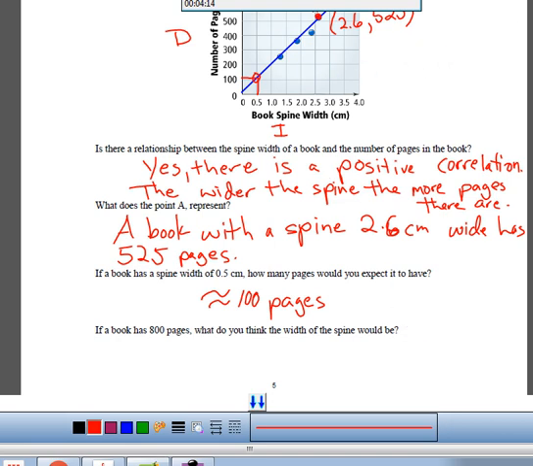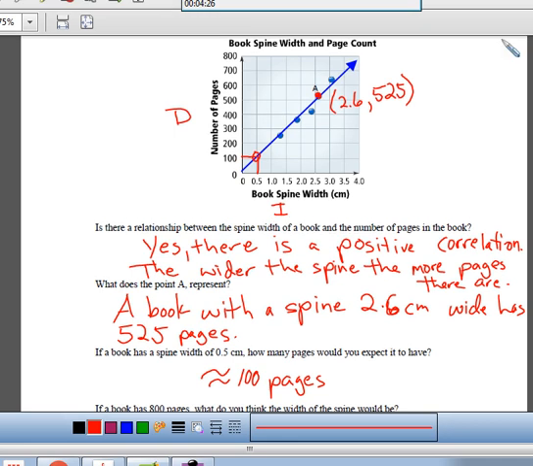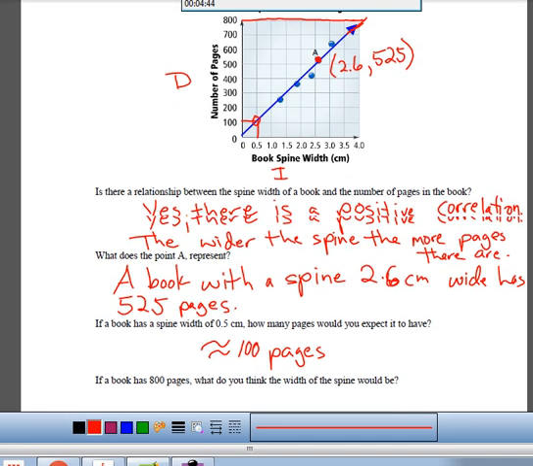If a book has 800 pages, what do you think the width of the spine would be? Let me move the screen. If I go 800 all the way over to where it would touch this line, and I didn't make it go far enough, you could answer this two ways.